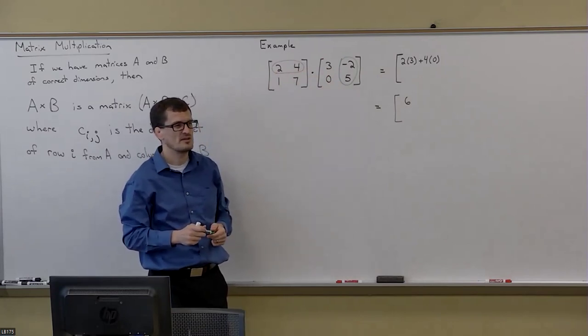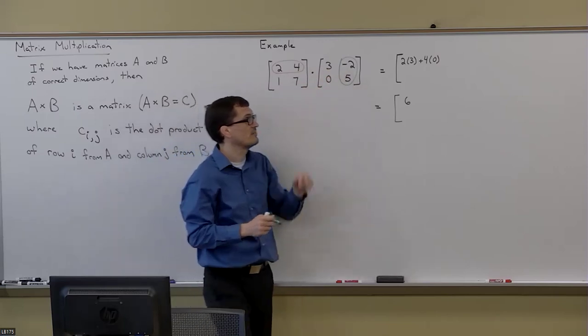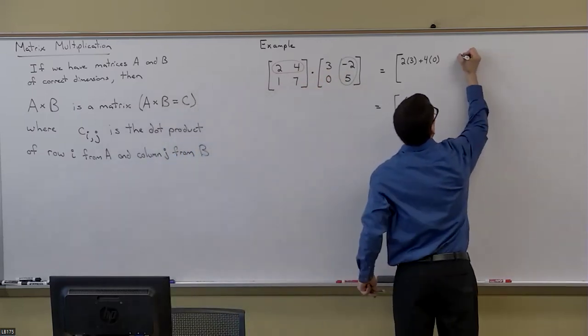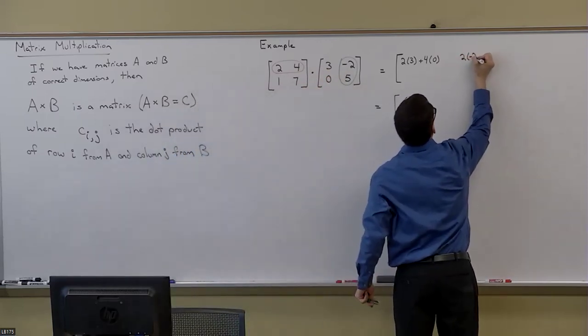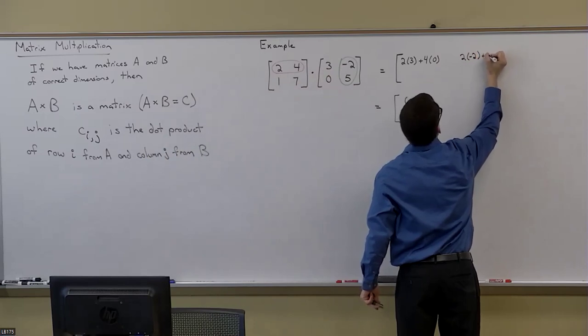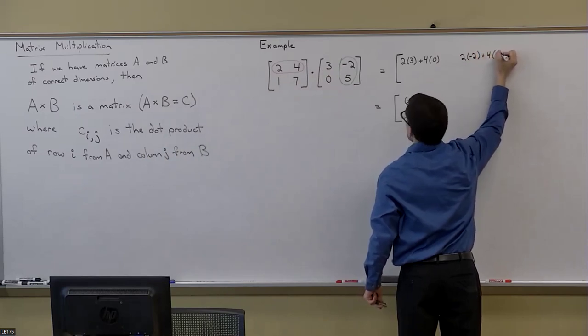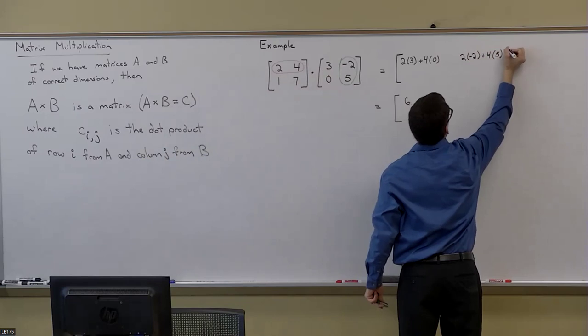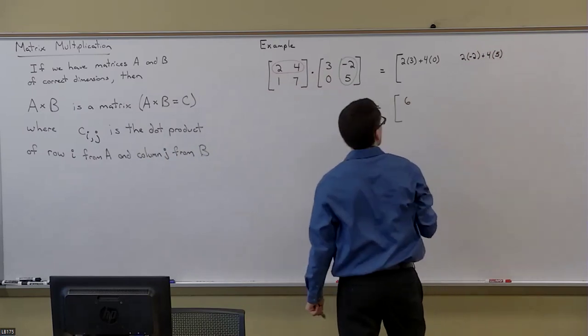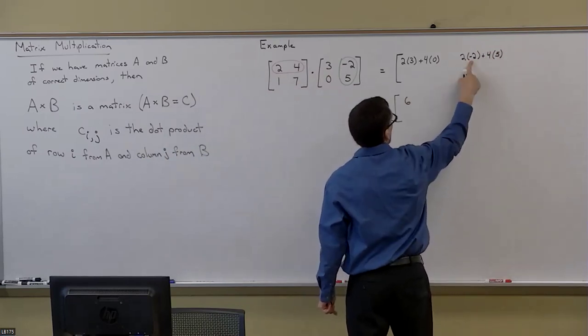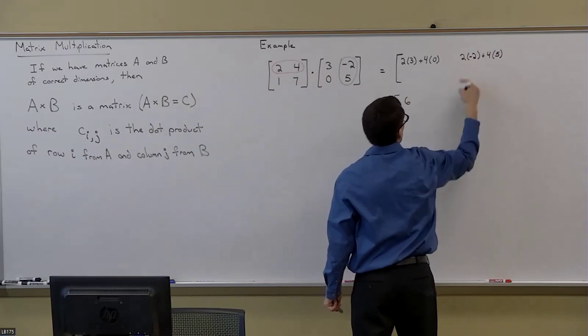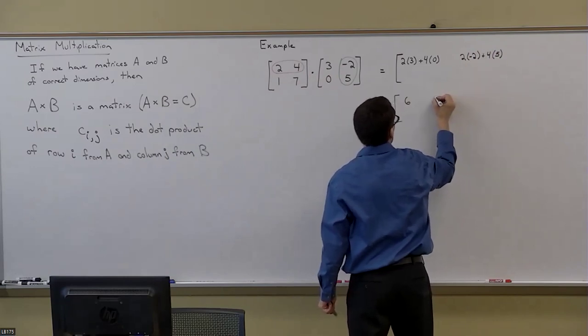So 2 times -2 plus 4 times 5 gives me 16.